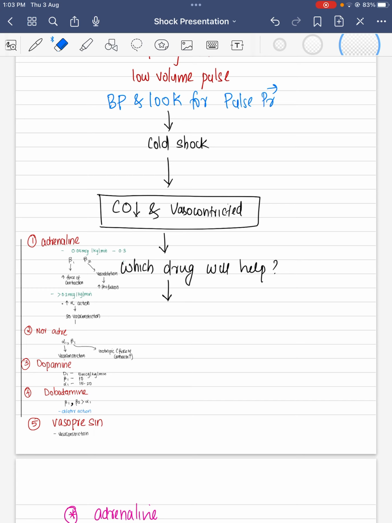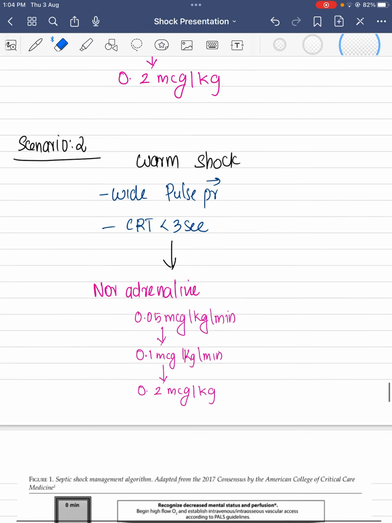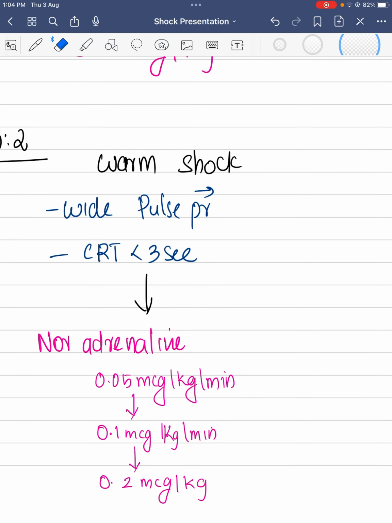When such a baby develops shock in your ICU, you can easily pick up the warm shock. Otherwise it's very difficult to get a warm shock in our daily casualty duties. Okay, this much clear.